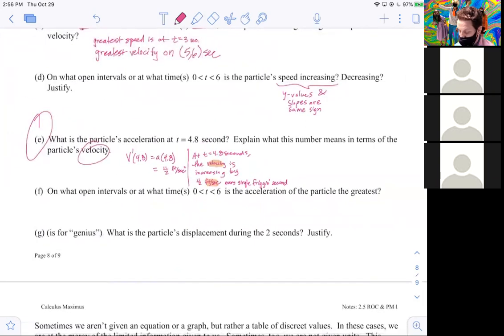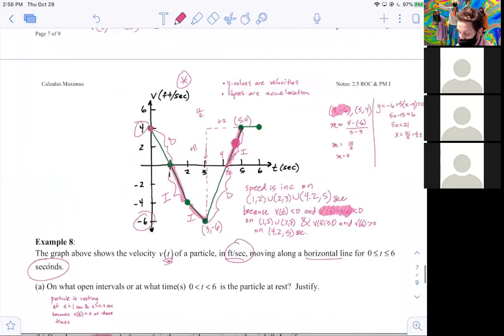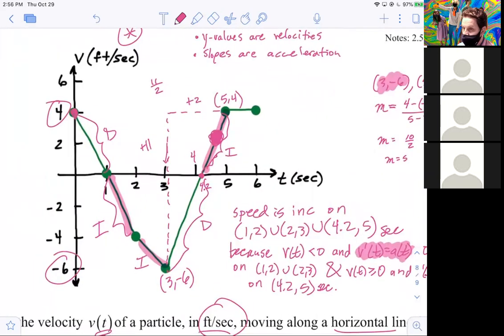On what open intervals or at what time is the acceleration the greatest? Oh my gosh, these are long problems. Acceleration the greatest. Well, those are the slopes, right? So are we looking for the steepest, or just the most positive or the least negative? Most positive, right. There is no speed equivalent for acceleration. Velocity is a vector, and speed is the magnitude of that.